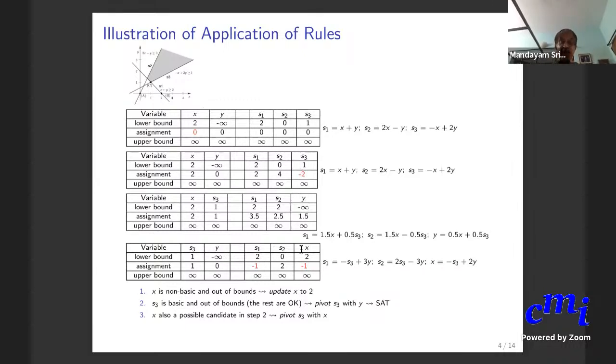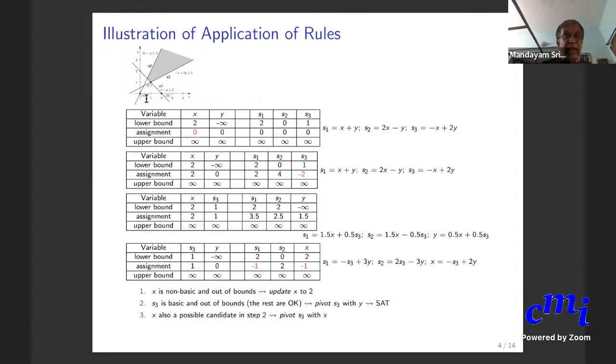But what if X was lower in the ordering than Y? Then you will end up pivoting S3 with X, which will change the assignment as shown in this table.